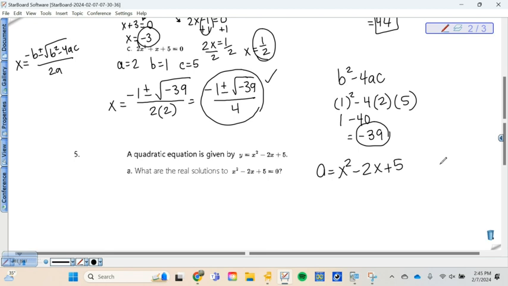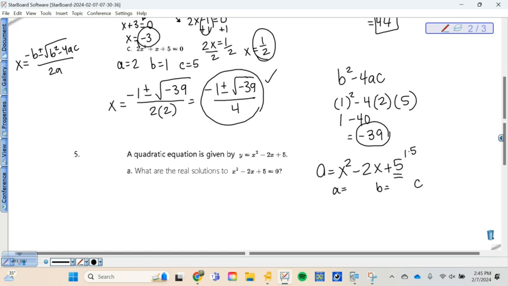Always try factoring first. So look at the last number. What are the factors of 5? 1 and 5. Can I use 1 and 5 to get to negative 2? No. So that means I have to use that quadratic formula.